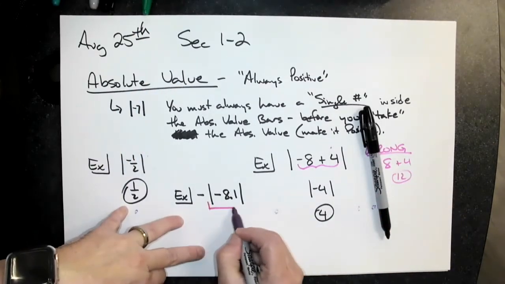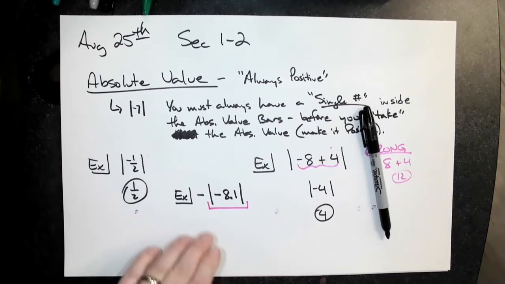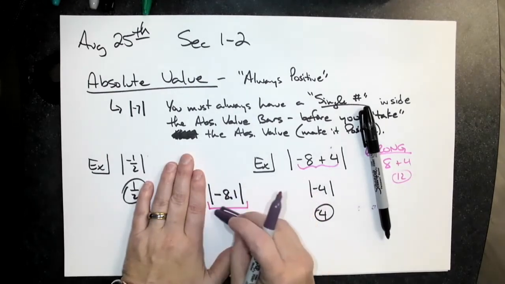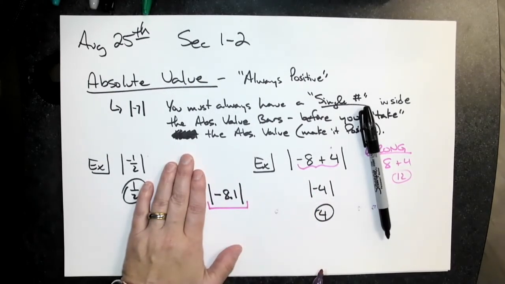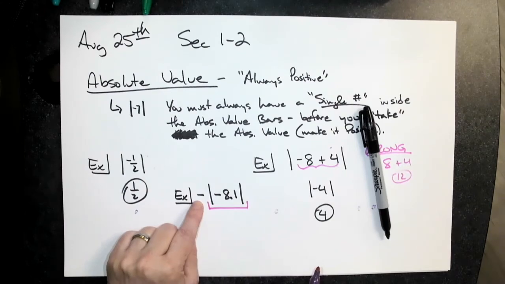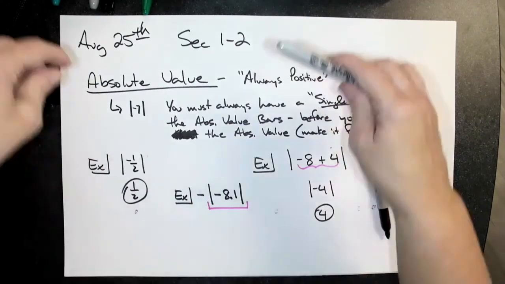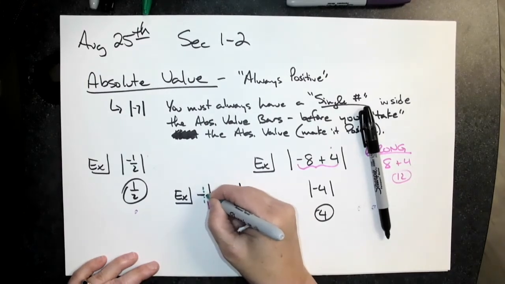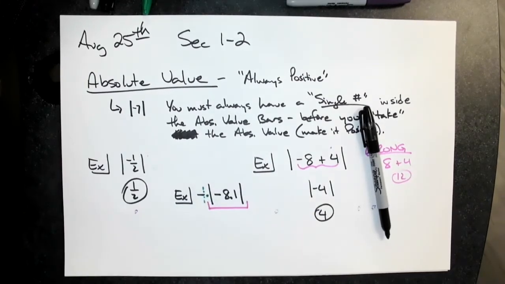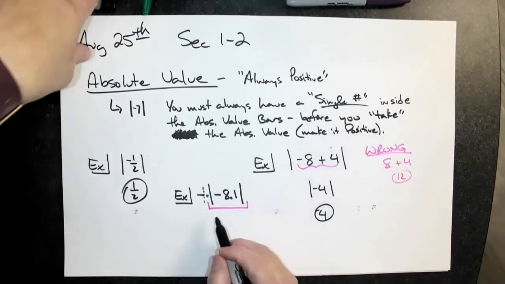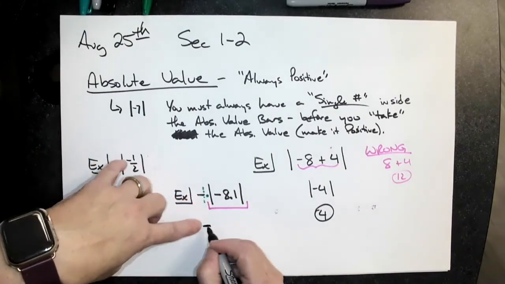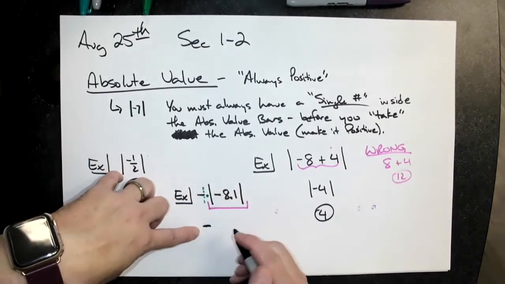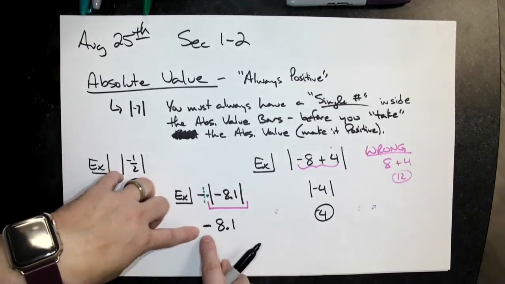This part right here, ignoring the negative in front, this is always going to be positive. It's a single number, I'm going to make it positive. But there's a negative out in front. And if you want to think of it as an actual number out there, there's an imaginary -1 that's being multiplied by that absolute value. So this negative stays out here. I turn this part positive, 8.1, -1.